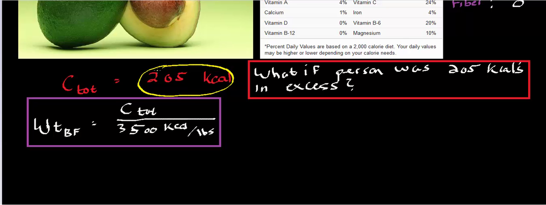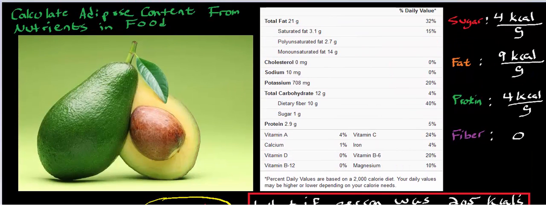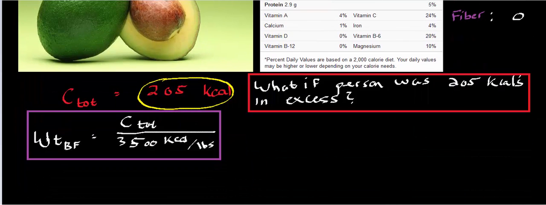Now, what I want to do in this video is let's assume that throughout the day, this person ate 2,000 calories, okay? And then let's say throughout that day, they burned exactly 2,000 calories. So that would be a net of 0 calories.